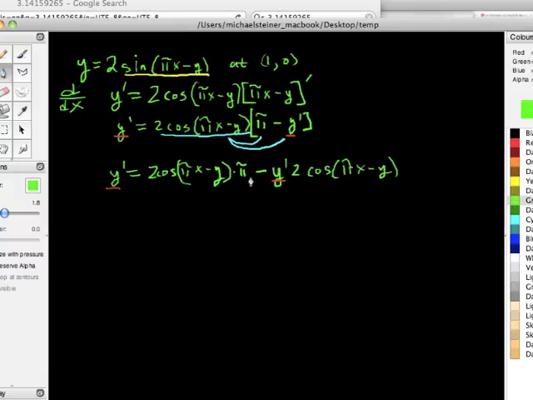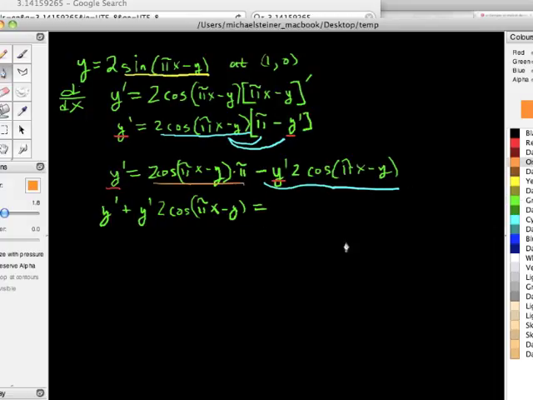So if we add this term right here to both sides, we are going to have y prime plus y prime times 2 cosine pi x minus y is equal to, well, the only thing left on the right-hand side is this term right there, and I'm just going to rearrange terms to make it a little easier to see: 2 pi cosine pi x minus y.